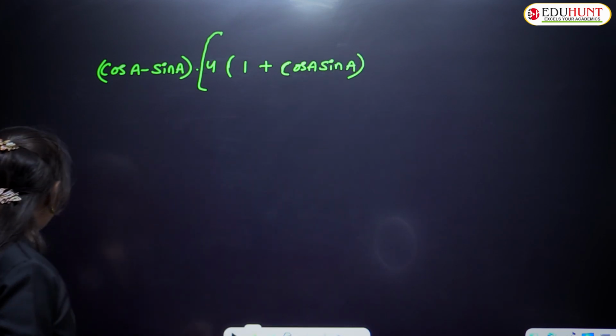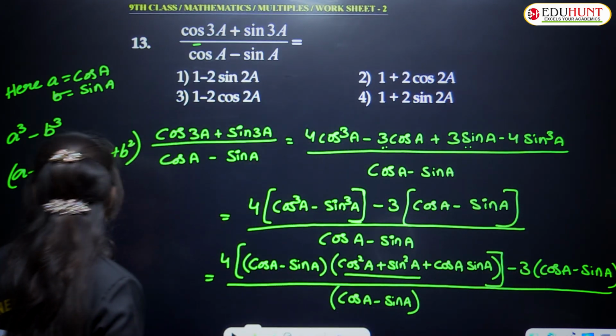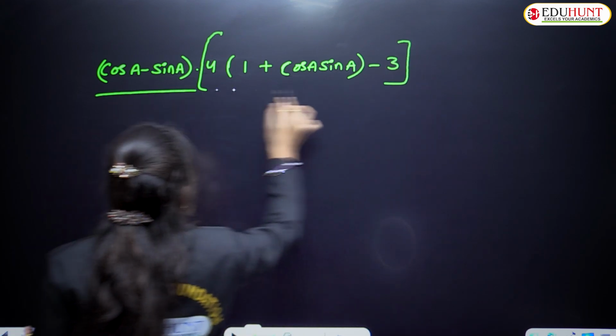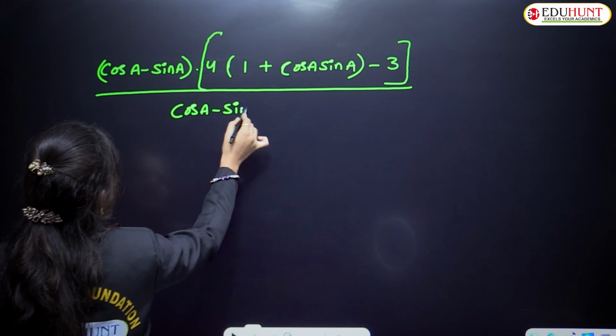And we still have one more term left over, minus 3, the whole divided by cos a minus sin a.